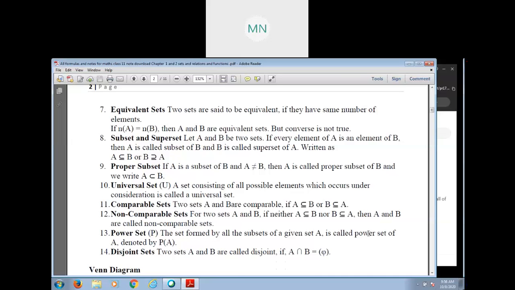Suppose we consider A equals 1, 2 and B is a set that contains the elements a, b. Is there any common element between A and B?